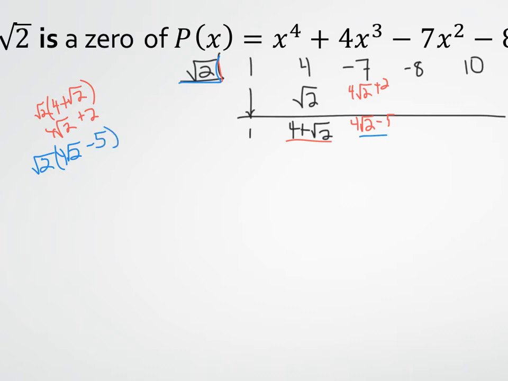Okay, so we'll have 4 times square root 2 times square root 2, which is 2, so we'll have 8 minus 5 square root 2. And when we add down, the 8's cancel out, and we just have negative 5. Oh my gosh, my handwriting is not the best today.